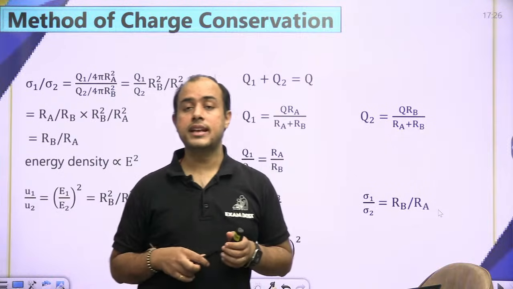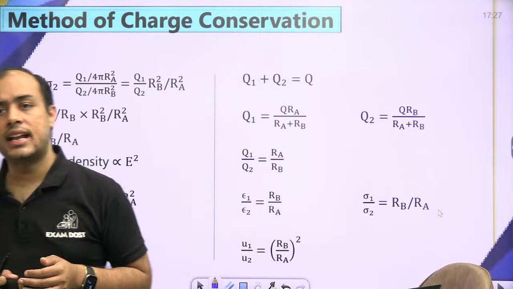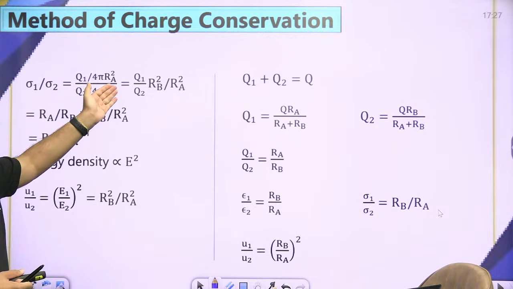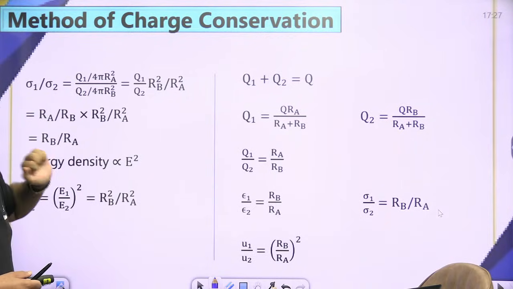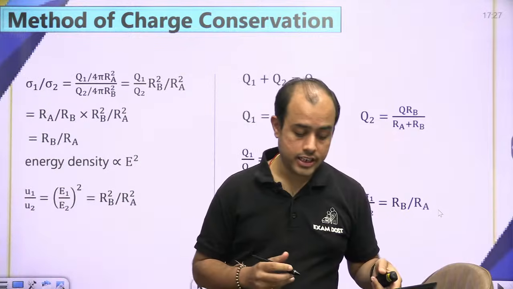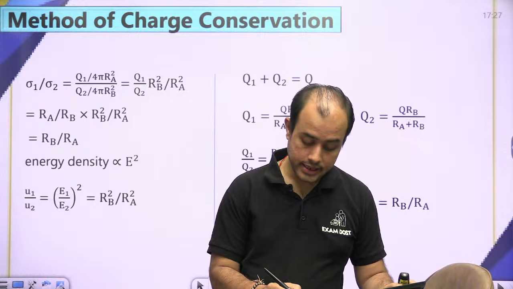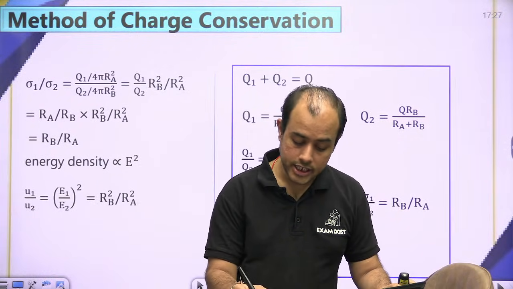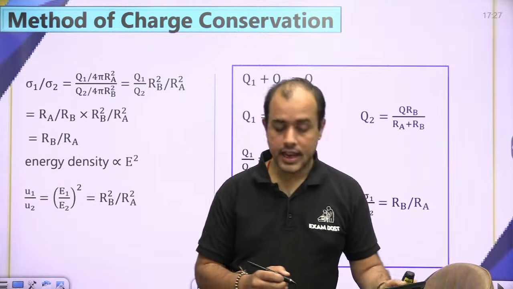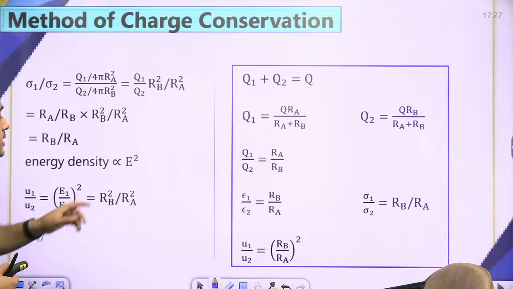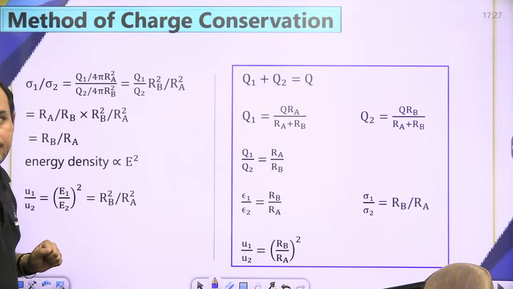Now if you want the ratio of charge density, it has the similar expression as the electric field. बस एक एप्सिलॉन ही तो गायब है, बाकी फॉर्मूला सेम है. तो again it is the inverse ratio of radius. And if you take the ratio of energy density, it is half epsilon E square. So it is proportional to electric field square.